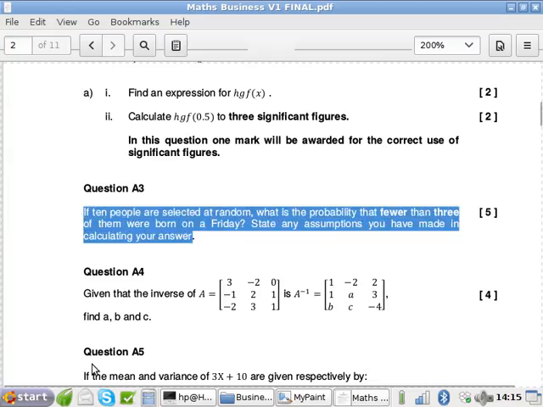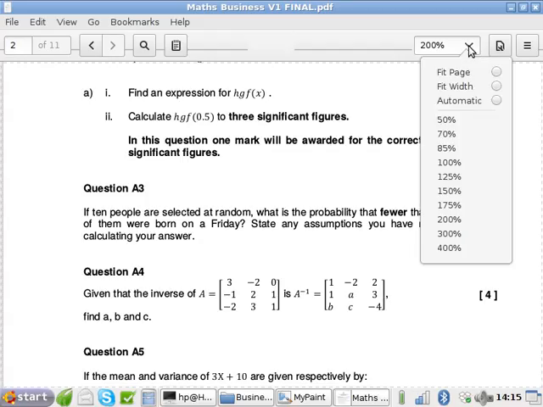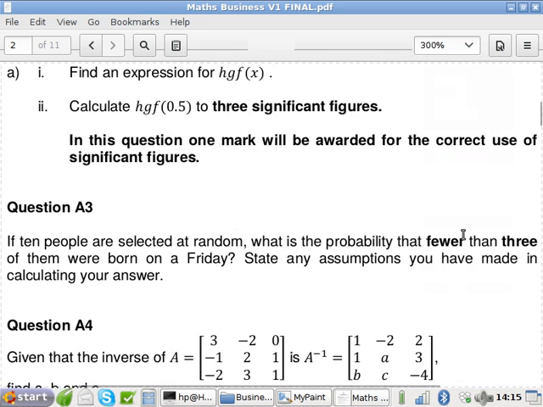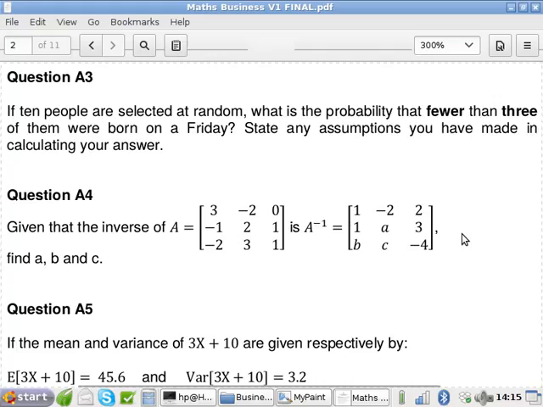Give that a try. 10 people are selected at random. What is the probability that fewer than 3 of them were born on a Friday? I'll zoom in for you. Does the 3 include this?